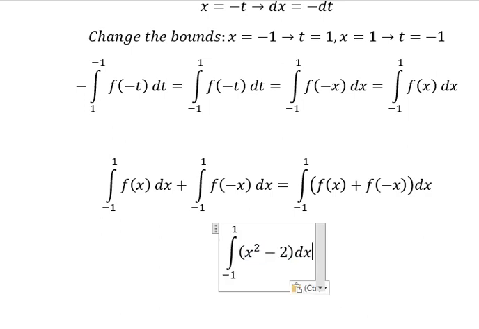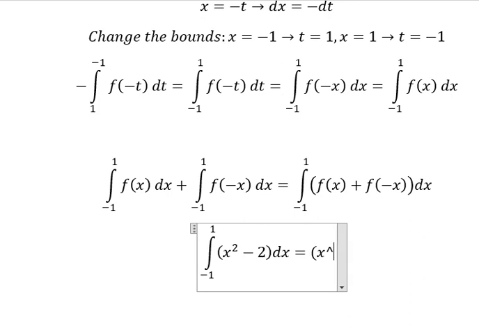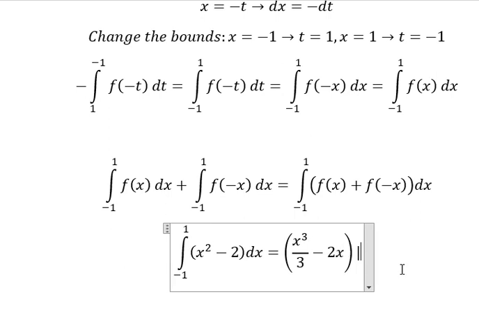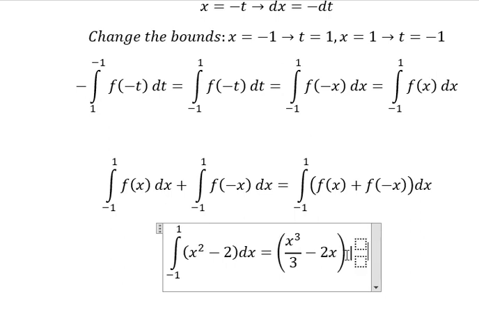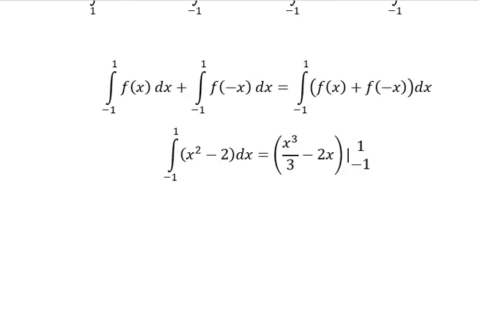Now, the integration of s squared, you get s to the power of 3 over 3. The number 2, you get 2s. And we put the bounds from negative 1 to positive 1. And now we can put the values in here.